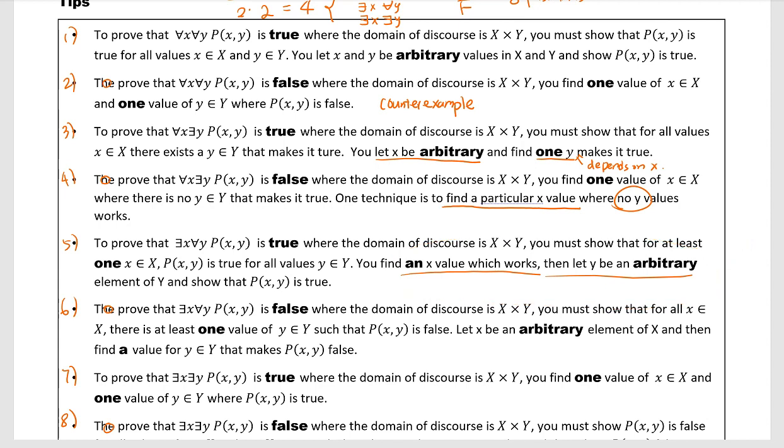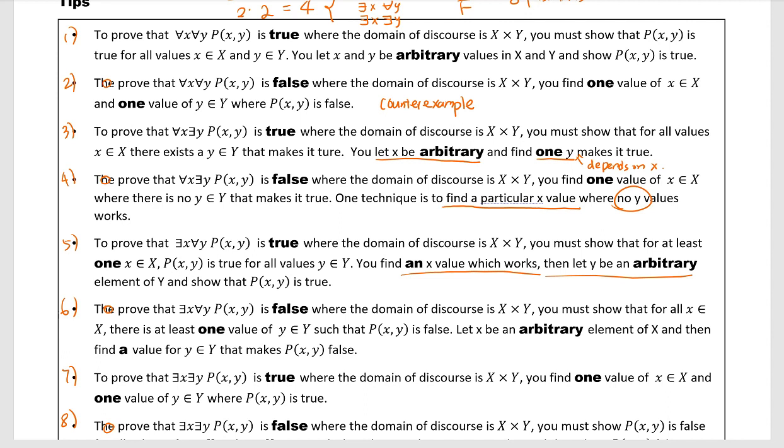Alright, let's continue. Number 6. To prove there is this x for all y, P of x,y is false, you must show that for all x, there is this y value such that P of x,y is false. So we let x be arbitrary.